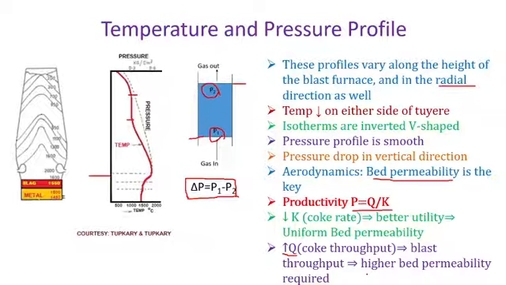So these are the irregularities. We will discuss them later. If we don't maintain the bed permeability and go for higher coke throughput, then this type of irregularity may occur. So we can conclude that bed permeability is the key in case of aerodynamics in the blast furnace.